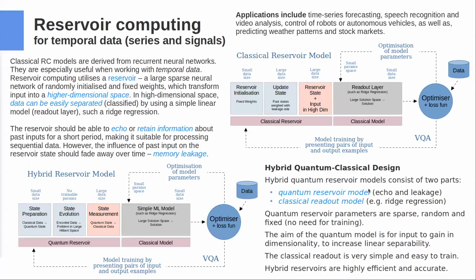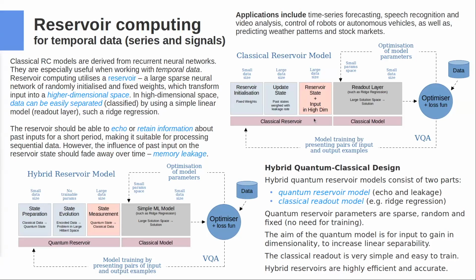Now, what happens with a quantum classical design? First of all, the quantum reservoir model is the first stage, where we start with state preparation. Then we have state evolution. So we create a circuit with non-trainable parameters.